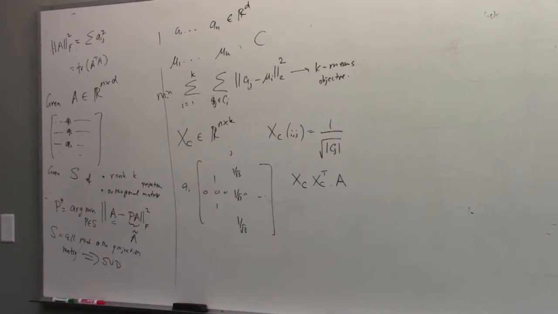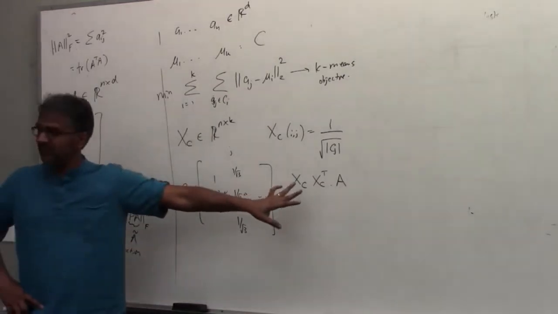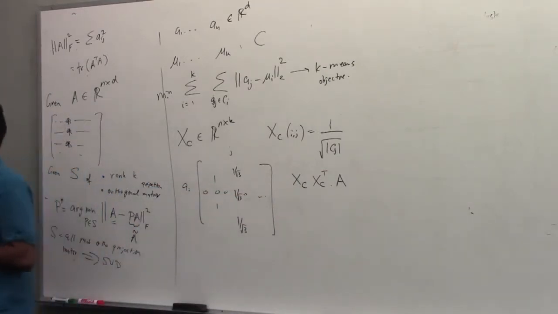So what is this quantity? A is n by d. XC is n by k, so XC transpose is k by n. So this resulting matrix is a matrix of size n by d. Yes, it's a collection of points, which is a clue.